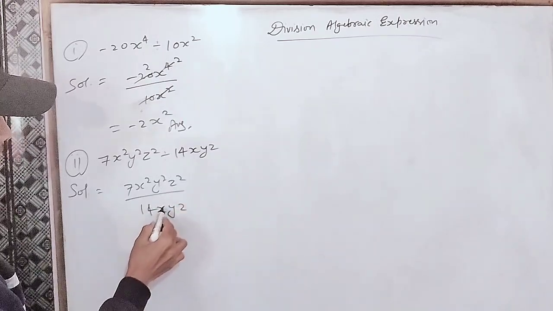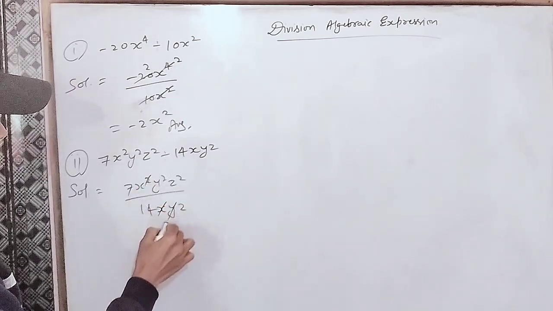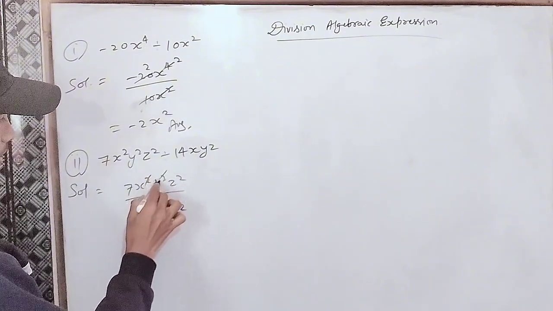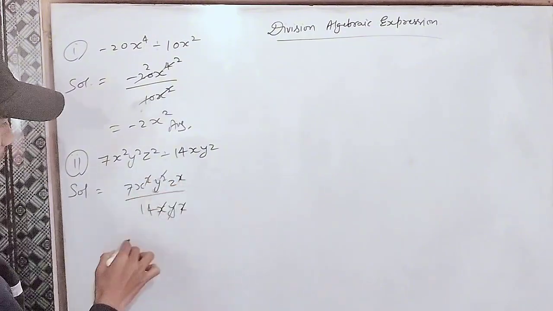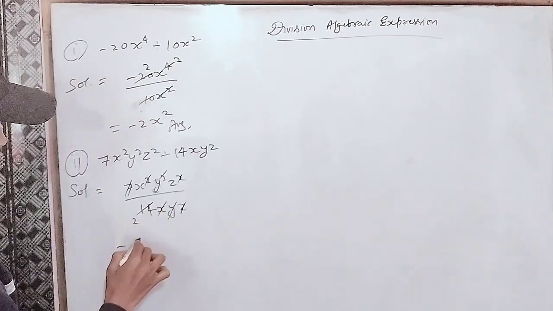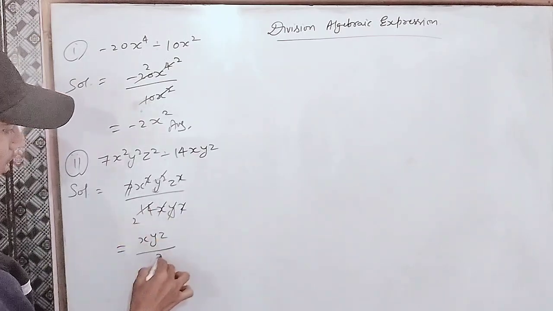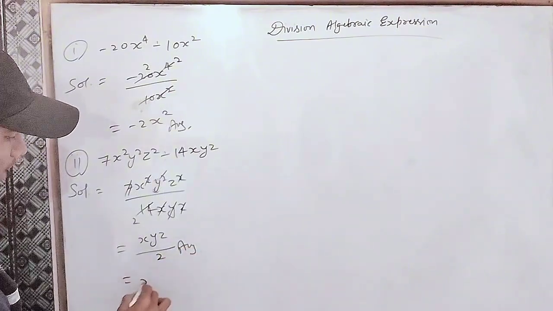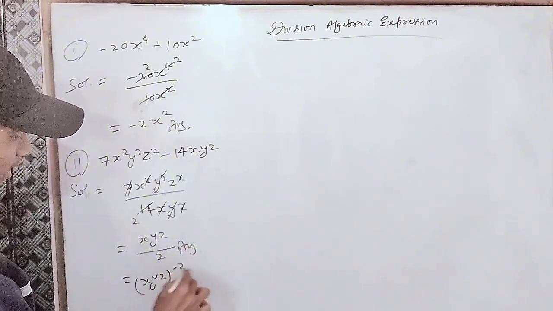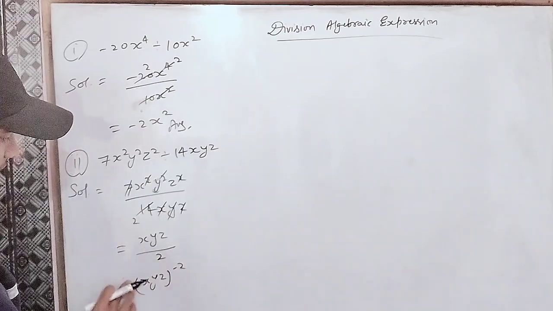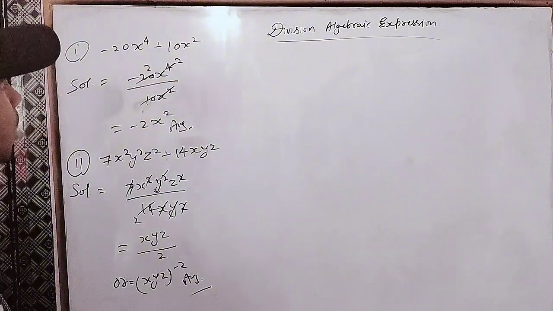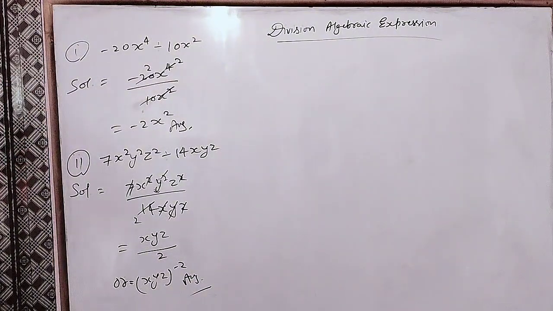So here we have x, which will get cancelled out, y also cancels, and z as well. 7 upon 14 gives 1 upon 2. So we have xyz upon 2. That's it. So it can be written like that. Just have a look, then we will move to the next.